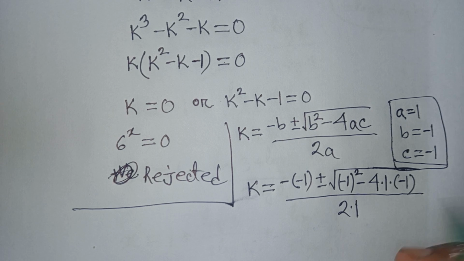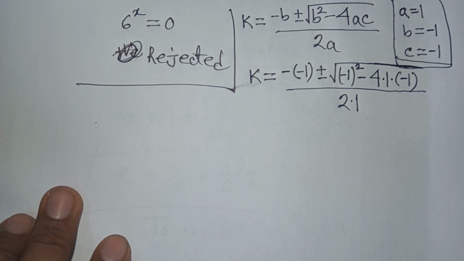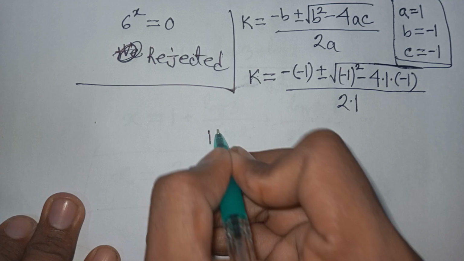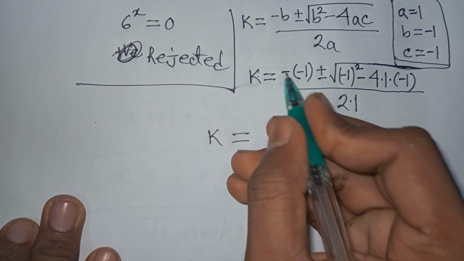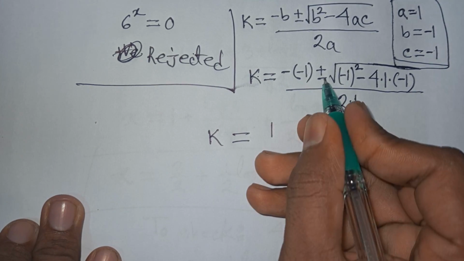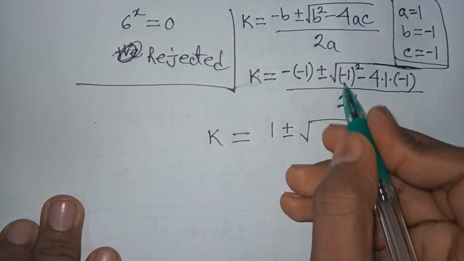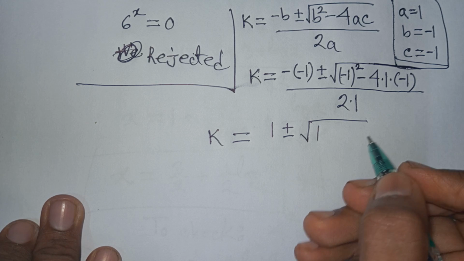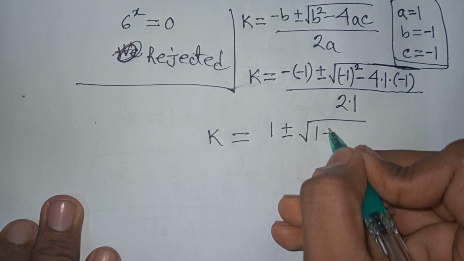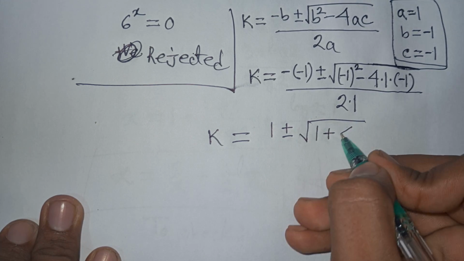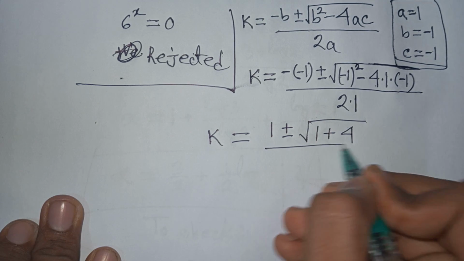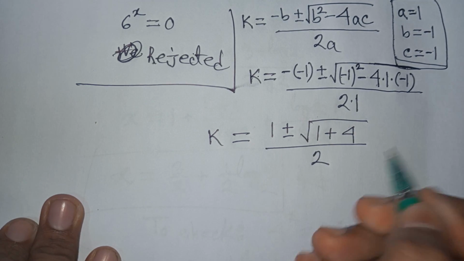In the next step, k is equal to minus times negative 1, that means positive 1, plus or minus square root of (negative 1)^2, that means positive 1, minus times minus, that means plus 4 times 1 times 1, that means 4, divided by 2 times 1, that means 2.